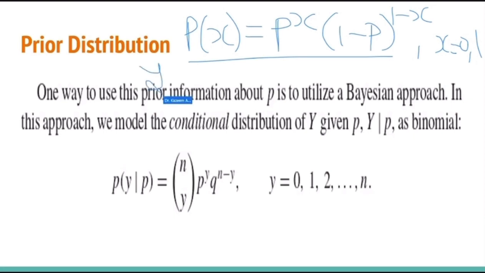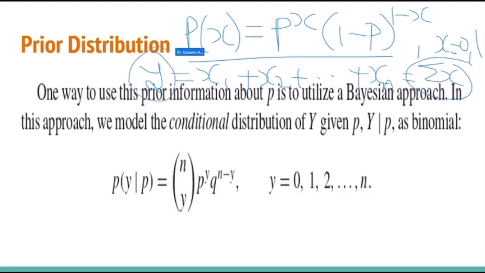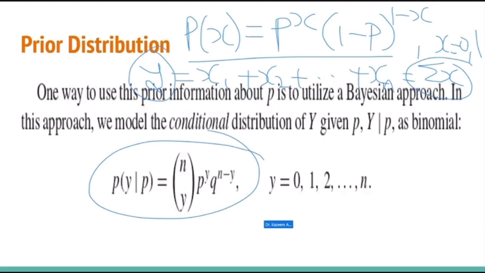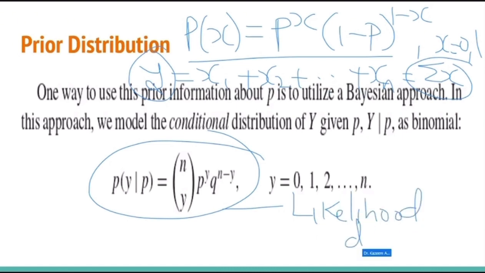So y equals x1 plus x2 until we get to xn, which is the summation, which is why we follow a binomial distribution. This is going to serve as the likelihood distribution, which is the distribution for the data.